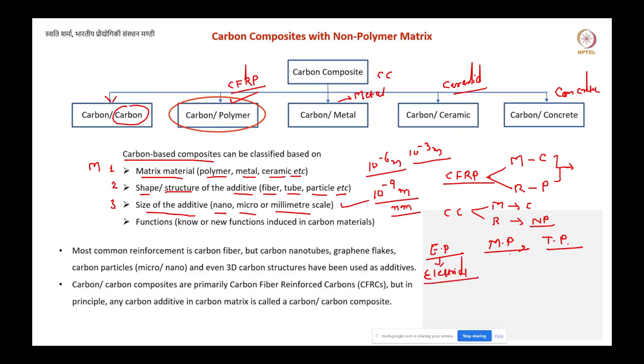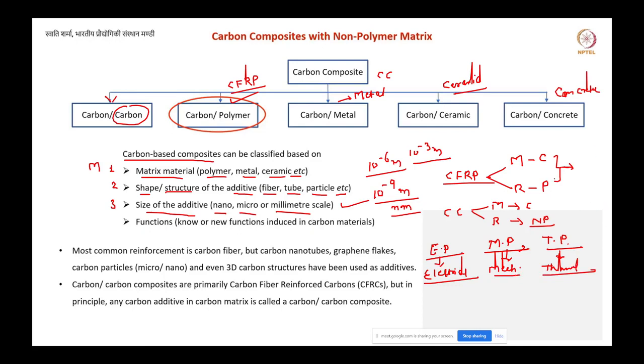Can you change the electrical property? Yes. Okay, and there could be many more.